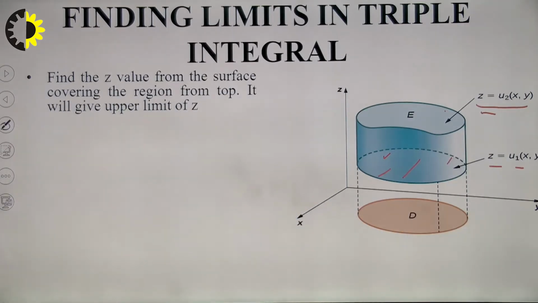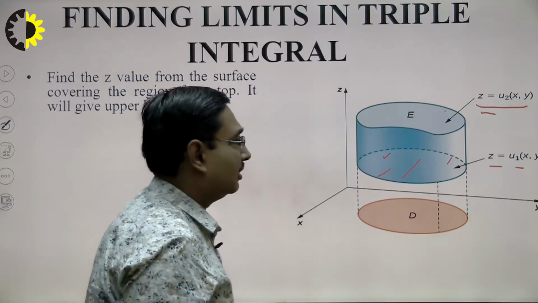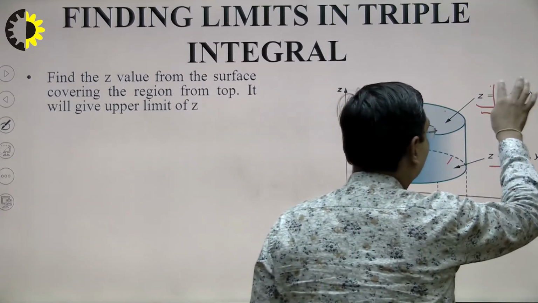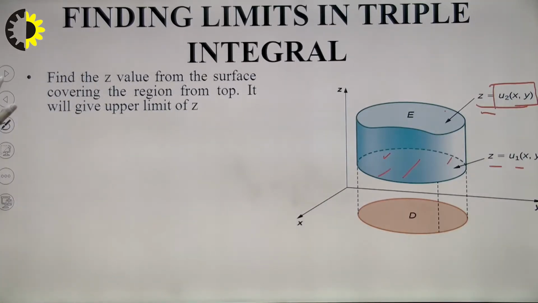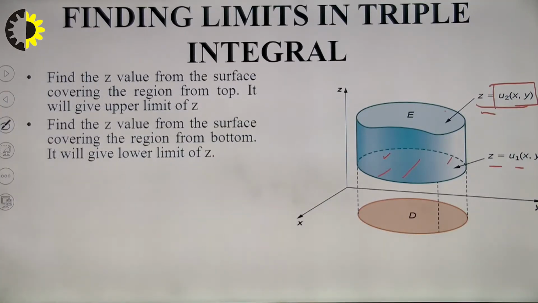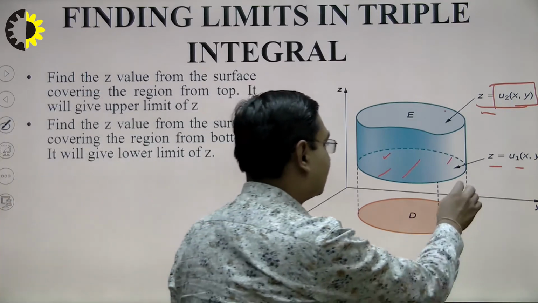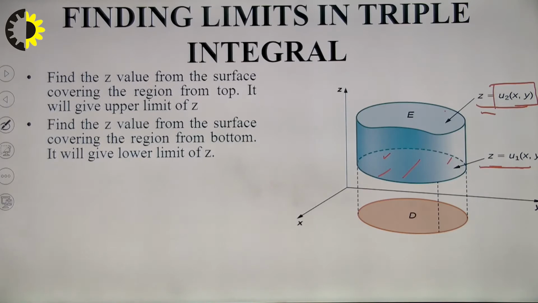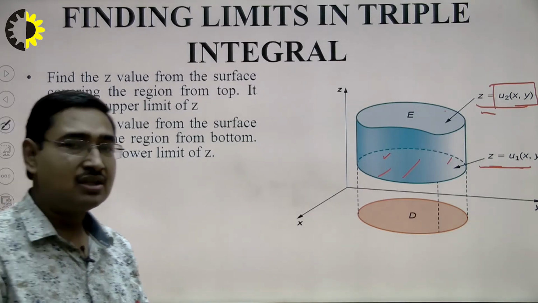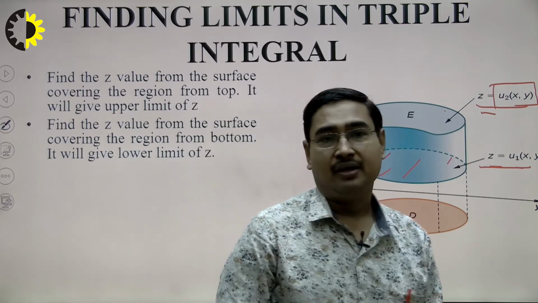It will give the upper limit of z. Thus, for this region, u2(x,y) will be the upper limit of z. Then find the z value from the surface covering the region from the bottom. It will give the lower limit of z. In this manner the limits of z are obtained.